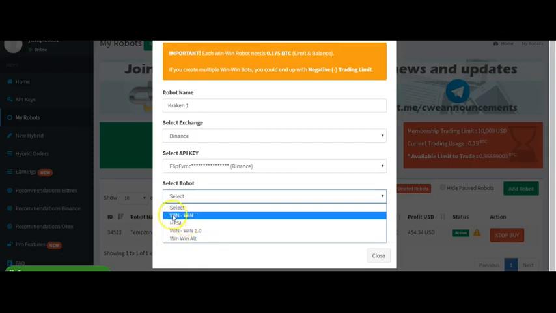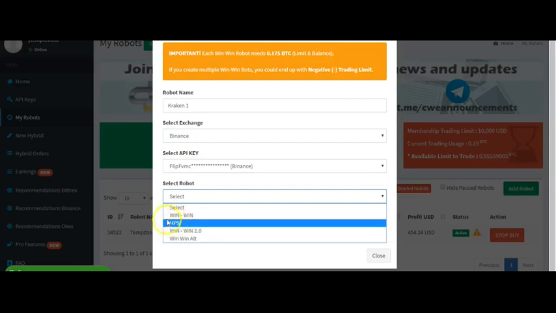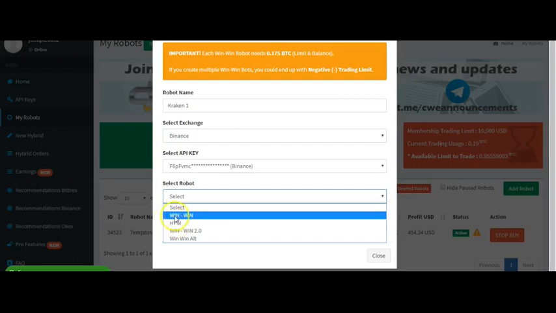So the win-win bot is the exact opposite. It's actually a different algorithm. This bot right here works very good in a bullish market. This HPSI bot is not very good during a bearish market. However, the win-win bot is very good during a bearish market.